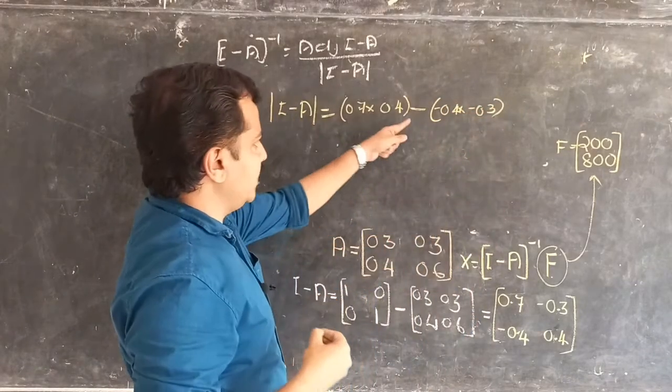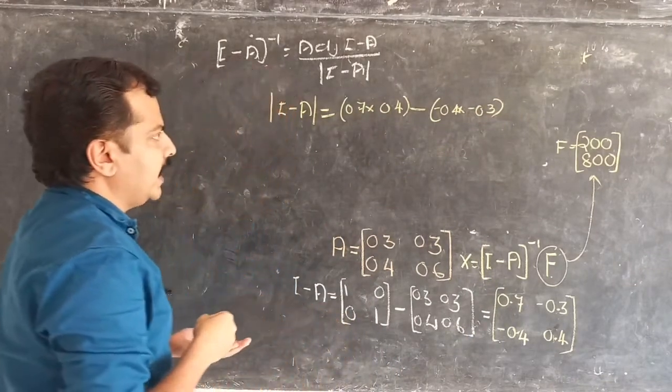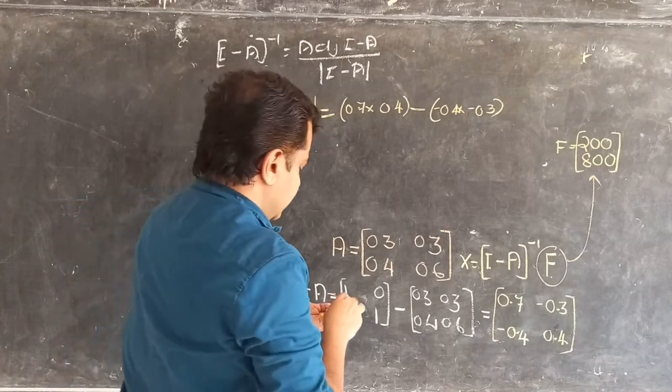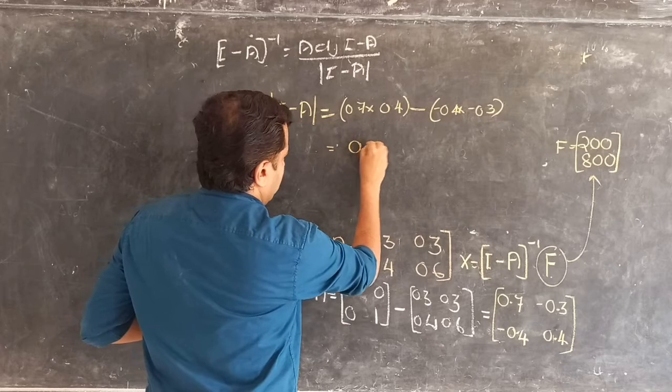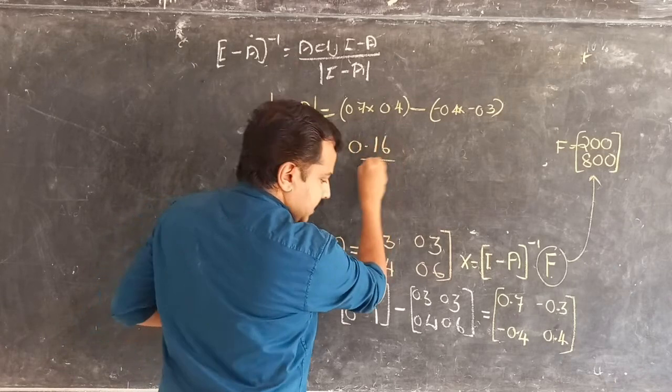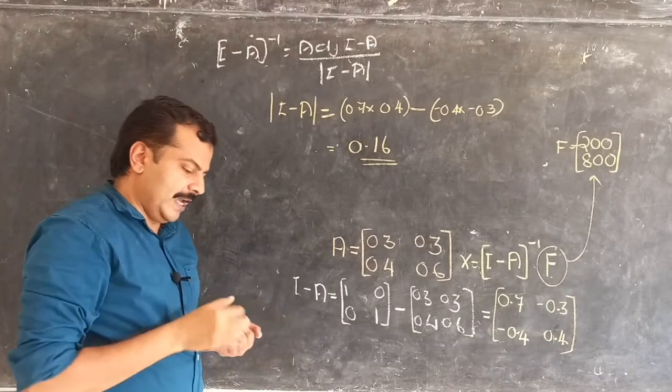So you will get 0.28 here and 0.12 there. 0.28 minus 0.12, the answer will be 0.16.